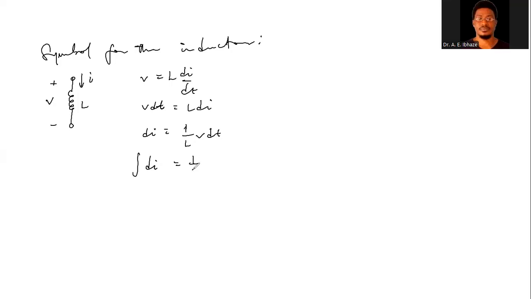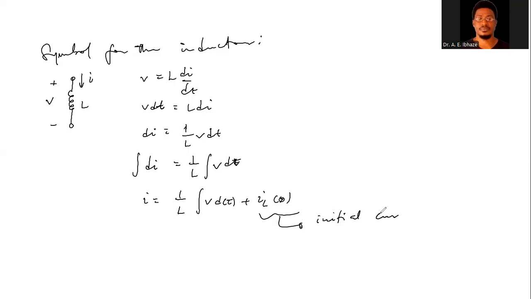Then i(t) will be the same as 1 over L integral of v(tau) d tau plus i(t0), where i(t0) is the initial current through the inductor.